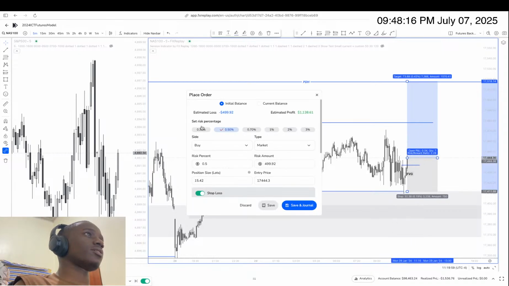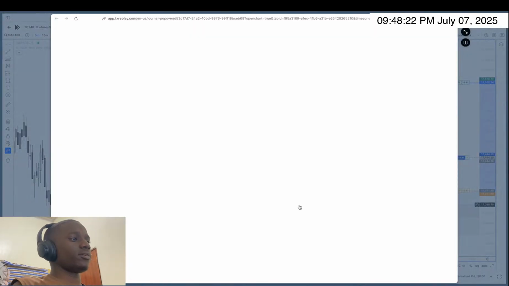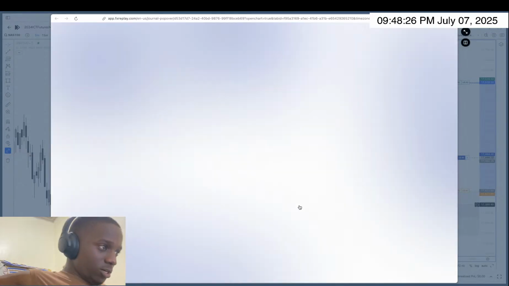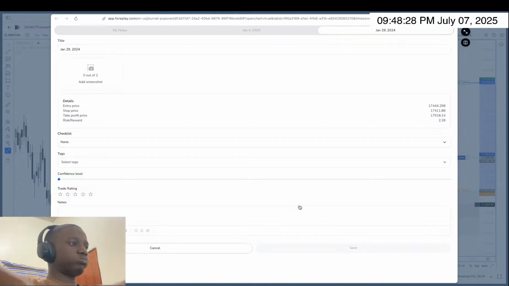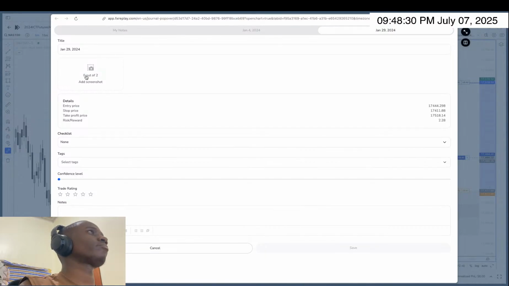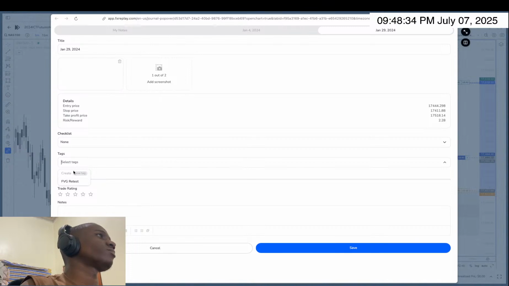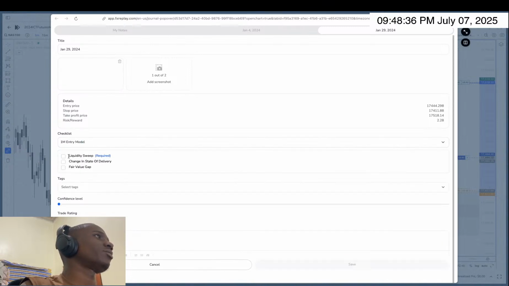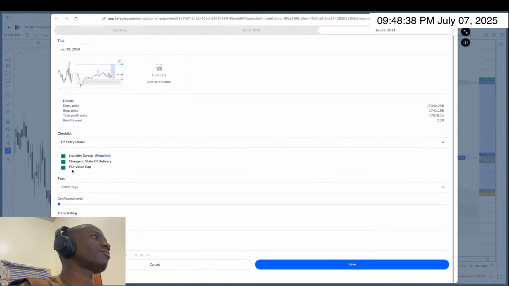I'll be risking 0.30 since we lost the day, but let's take 0.5. So this checklist was the one: we had the sweep, change in state, and the fair value gap run through.